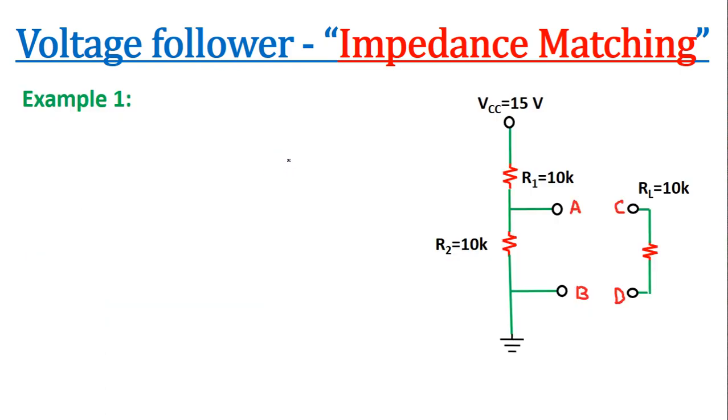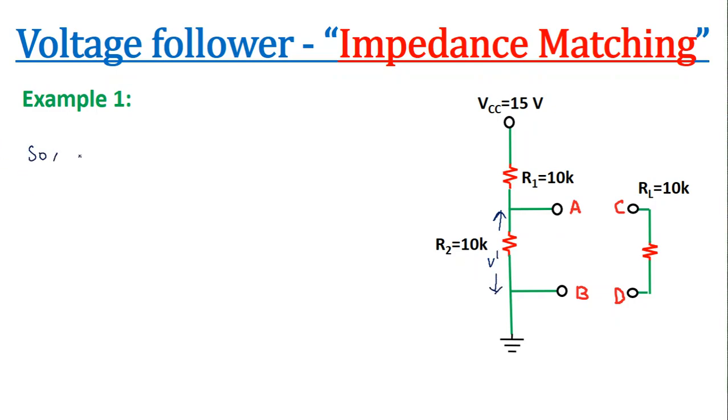Here is the first example. I have taken a potential divider arrangement where R1 and R2 are equal, 10 kilo ohm each. The load resistance is also taken as 10 kilo ohm. Now let us assume the voltage across R2 is V dash.